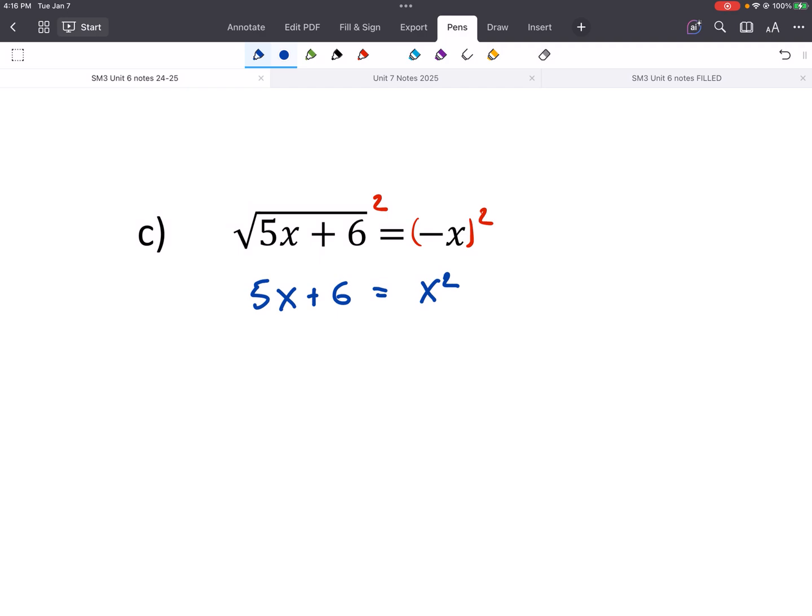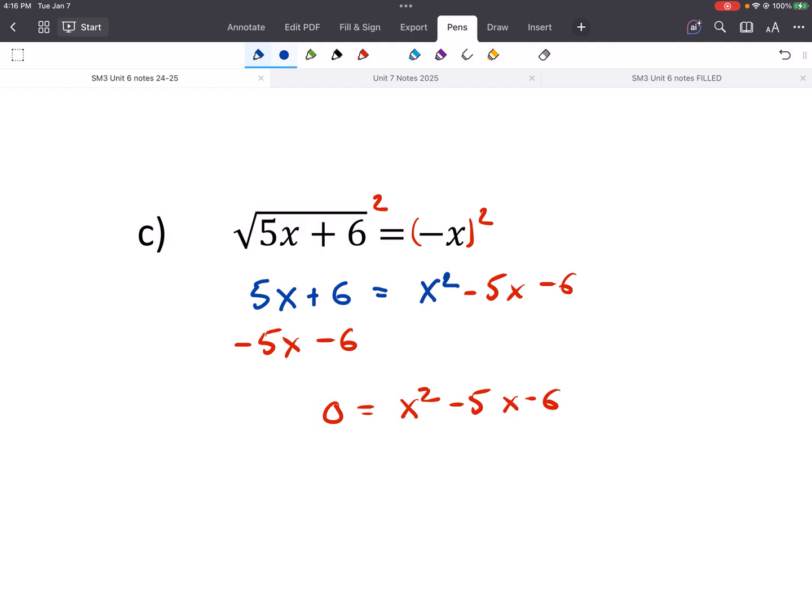Now we end up having a quadratic after we square both sides. If it's a quadratic, we need to have everything on one side. So we could subtract 5x, we could subtract 6, so we end up getting 0 equals x squared minus 5x minus 6. And then we solve it just like you did in our last unit.